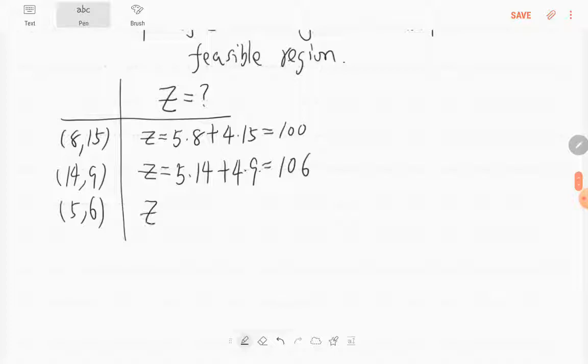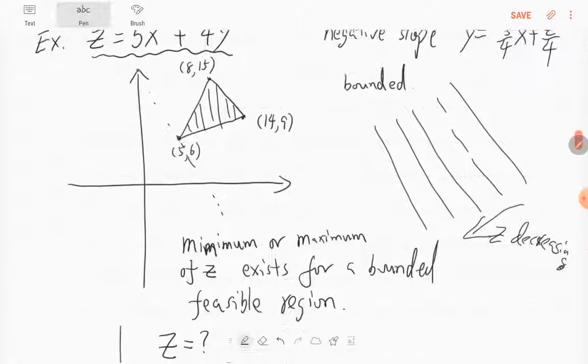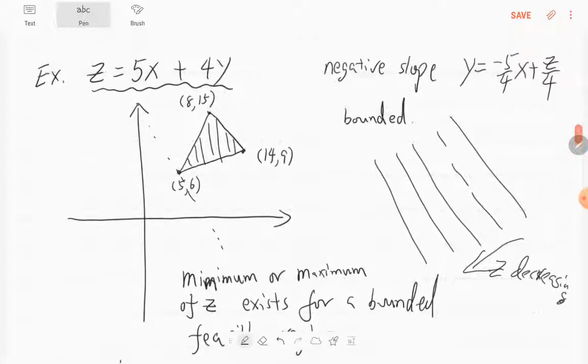And for this one, this would be 5 times 5 plus 4 times 6. This is 25, and this is 24, so together it's 49. In other words, this point gives you the maximum value.